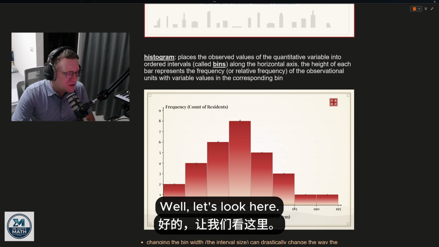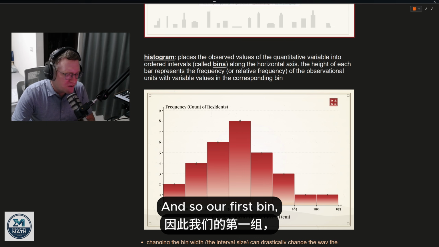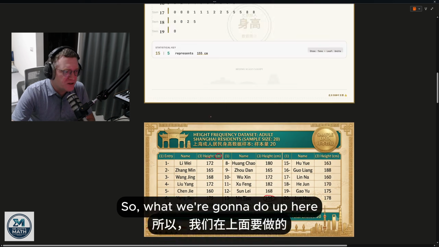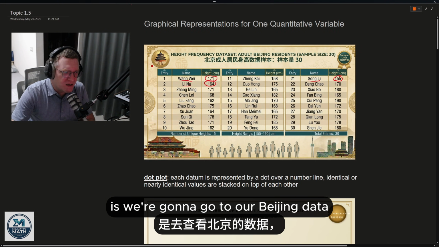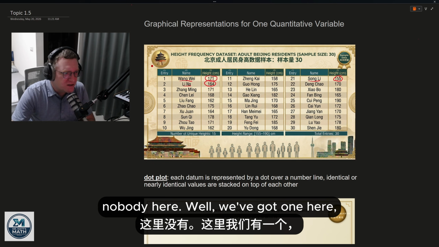Well, let's look here. And this is for our Beijing residents again. And so our first bin, our first interval, is from 155 to 160. So what we're going to do up here is we're going to go to our Beijing data, and we're going to count how many people are between 155 and 160. All right, nobody here.